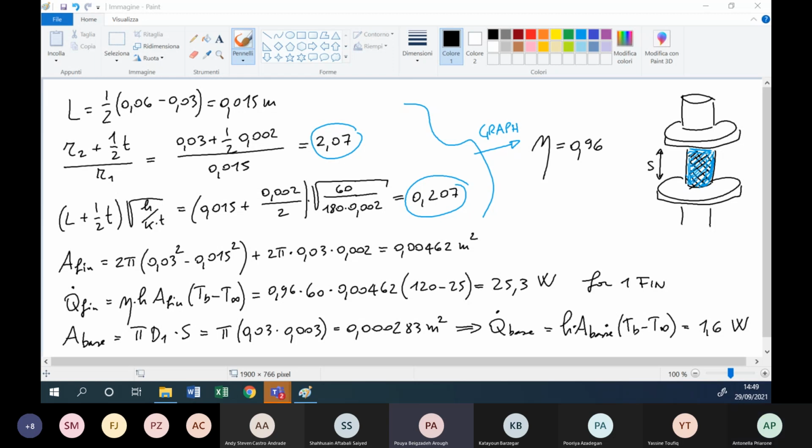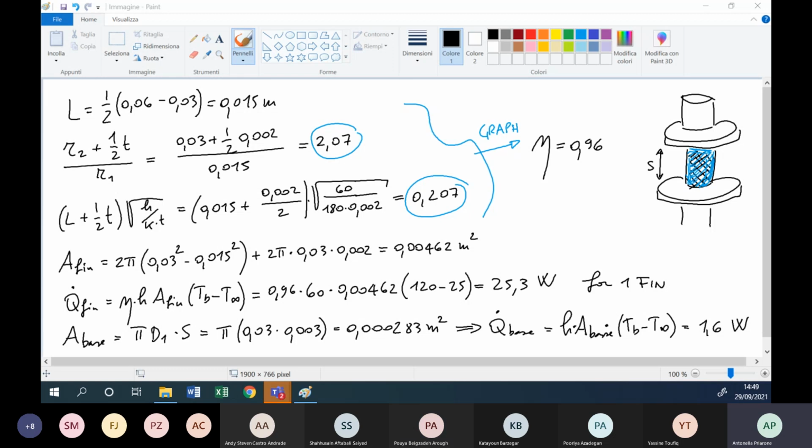But how do you know the efficiency is exactly 0.96? It's an approximation. From the graph, I imagine that more or less the value can be like this one.